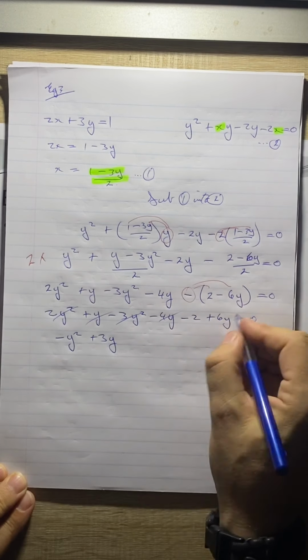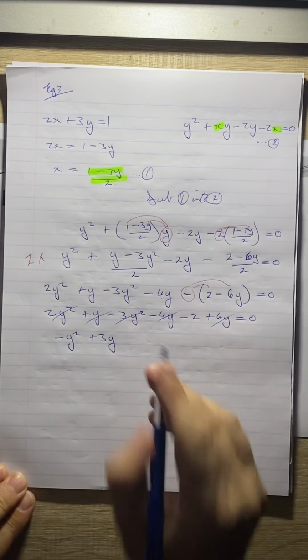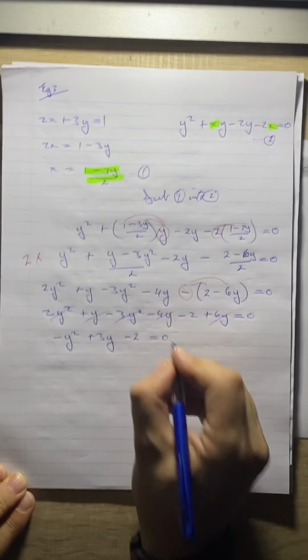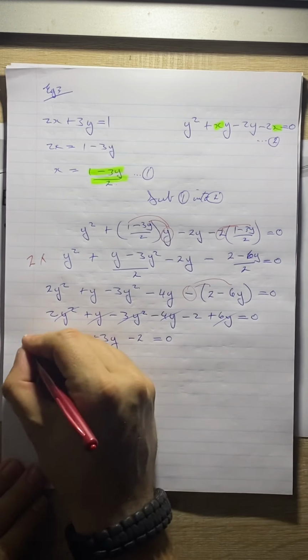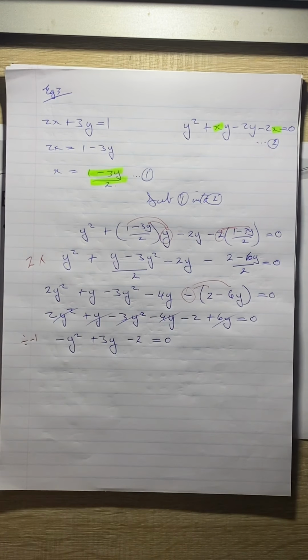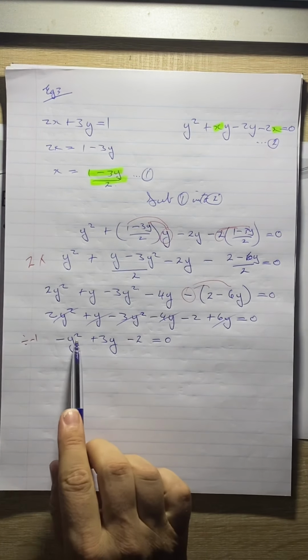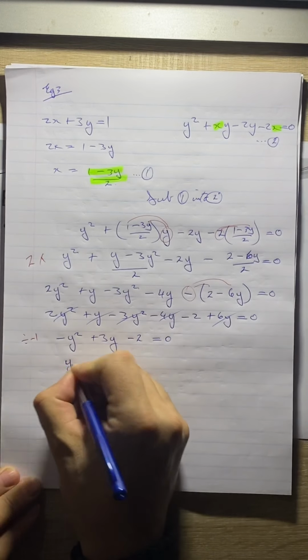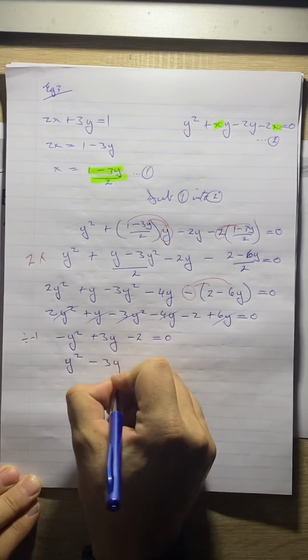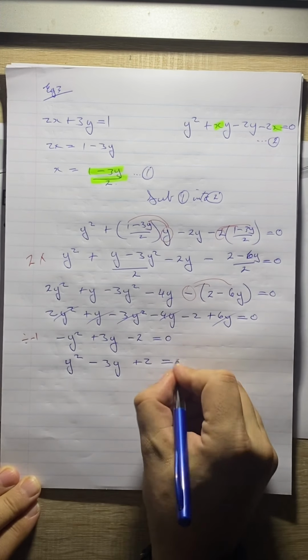And then what we are left with is just a minus 2. Okay, I'm now going to divide through by negative 1. And the reason why I'm dividing through by negative 1, remember, always try and make your highest power positive. In this case, it's negative, so I just divide by a negative to make it positive. That becomes y squared minus 3y plus 2 equals 0.